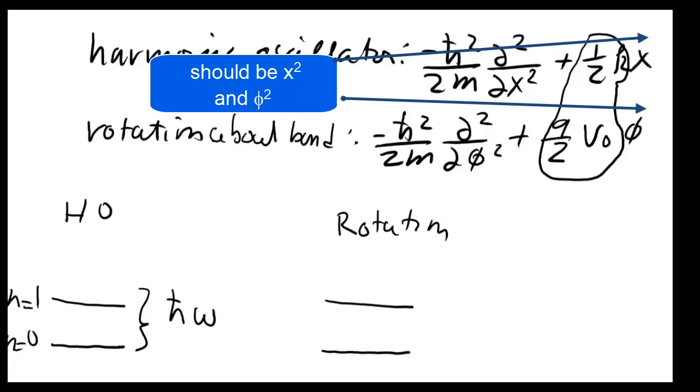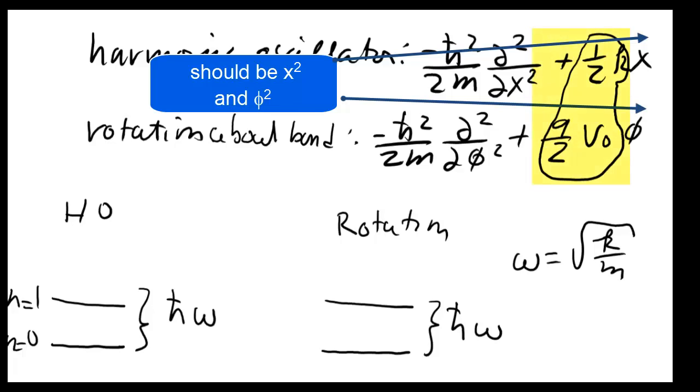And this will also be h bar omega, where we said that omega is the square root of k over m. And from this, k is equal to 9V0. If we substitute this in, omega is equal to the square root of 9V0 over m.